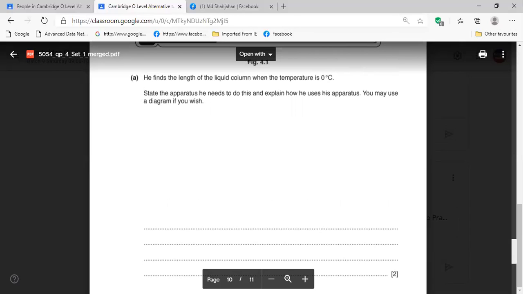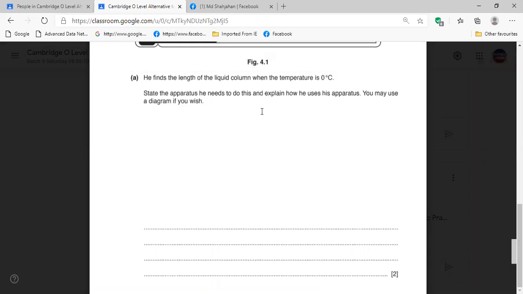And here they said you may use. That means you can draw, or without drawing you can write. Even if you write only, or draw properly and label properly, from the diagram only you can get 2 marks. So what things you should bring in your diagram, that is our matter of discussion here.